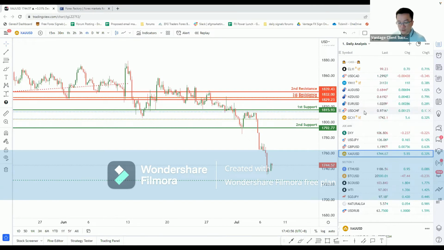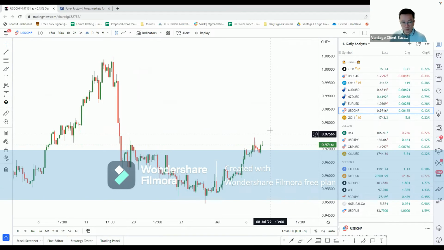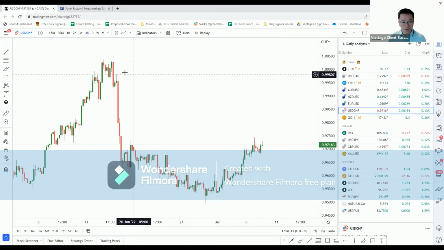What else? US Swiss franc. Let's see what happens on the Swiss franc here. The Swiss franc is right now sitting just above that 0.97 level. If you are not sure what happened here on the 15th and 16th of June, the Swiss National Bank surprised markets with a 50 basis points increase.